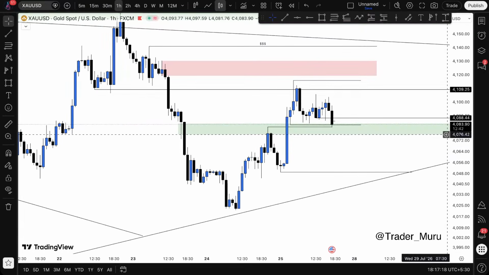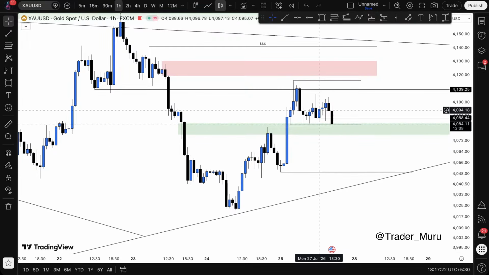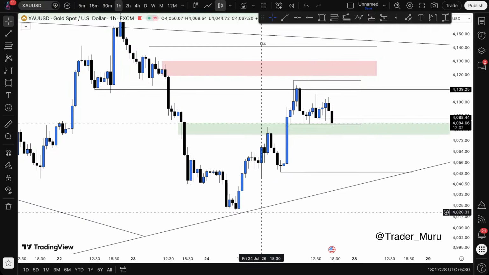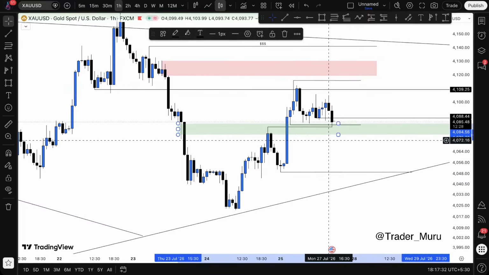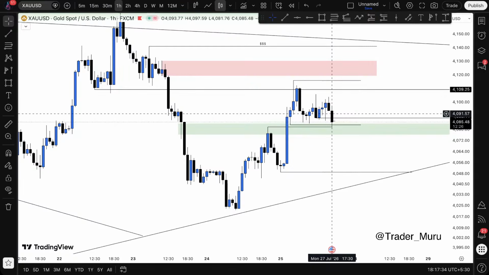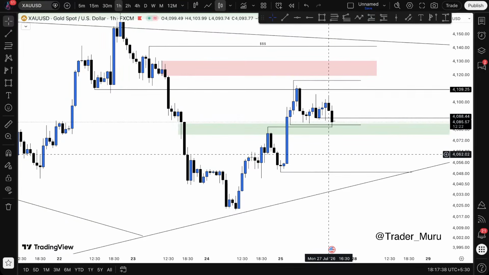Still 12 minutes to close this candle. Wait for it. If you want to buy here, your stop loss should be below this zone. But I suggest you better wait for the closing here.